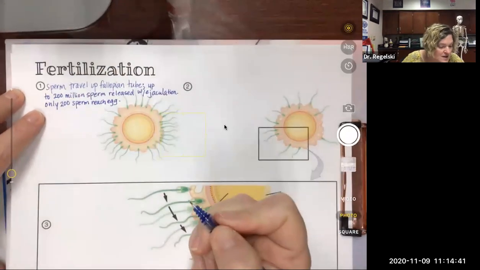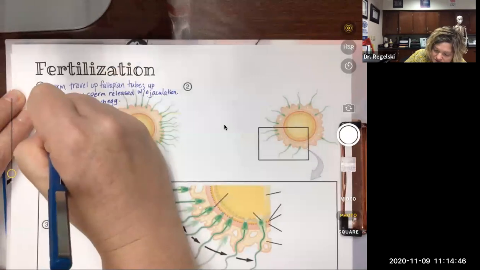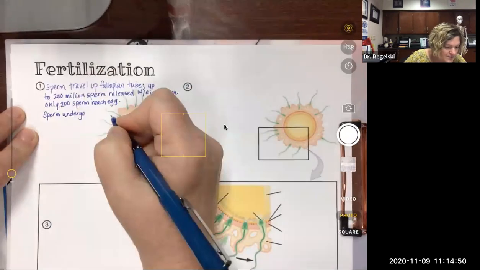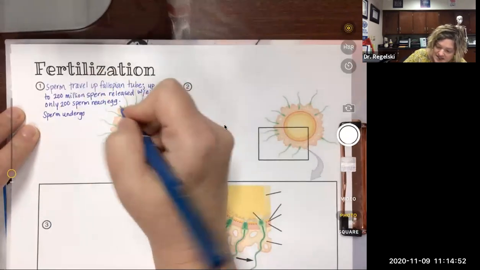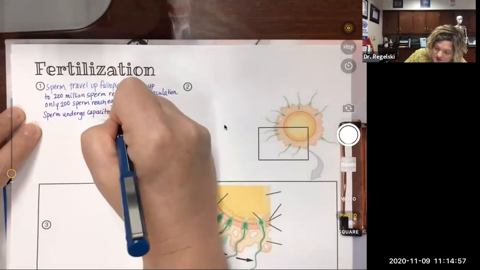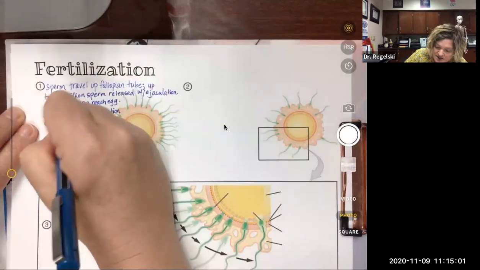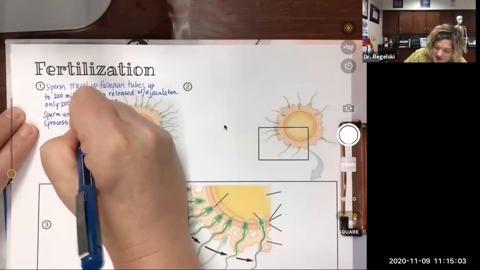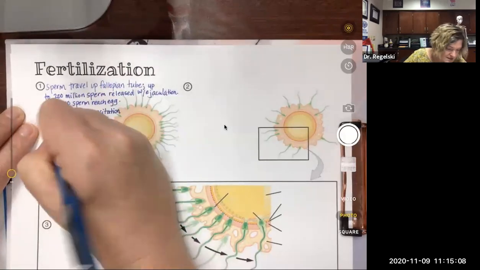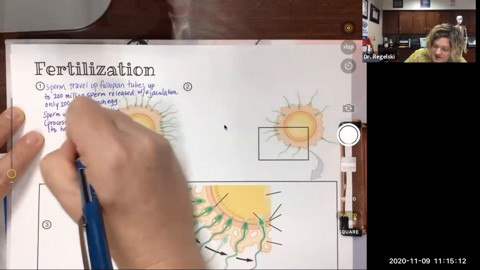Okay, the sperm have to undergo something called capacitation, which is a process that weakens its head membrane.